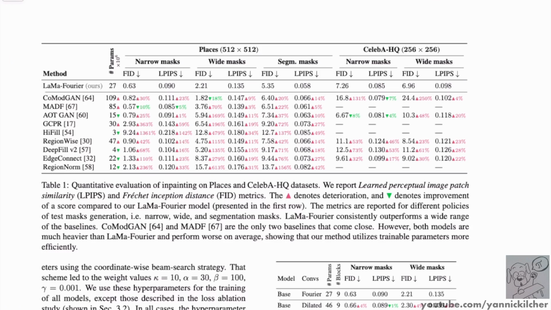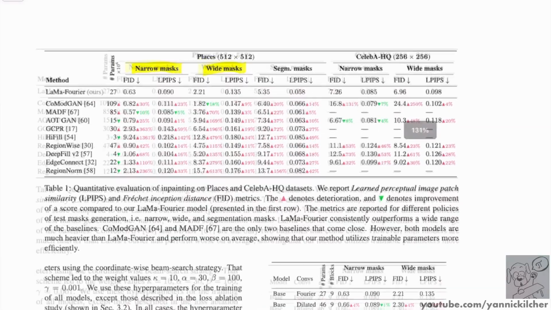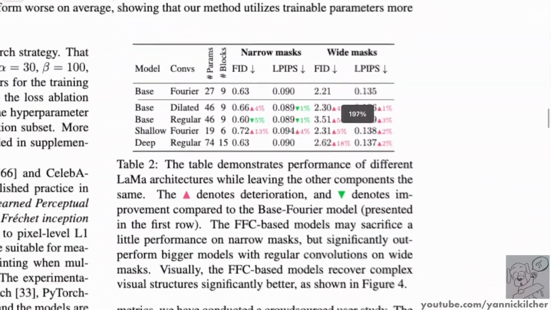You can see almost all of the table is red, except some models in some of the benchmarks. For example, in the narrow masks, you will find situations where other models might outperform their model. But as soon as you go to wide masks, it's no longer really a competition at all. So their model seems to be really good at those wide masks.